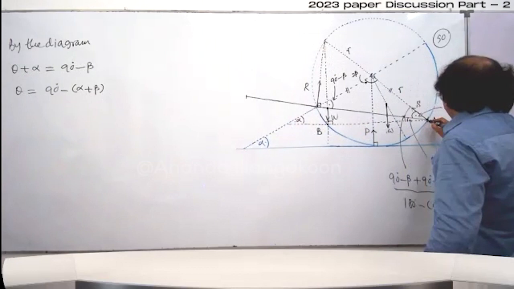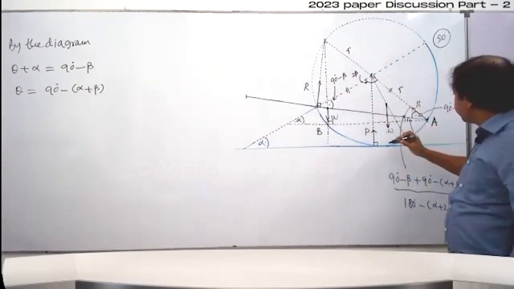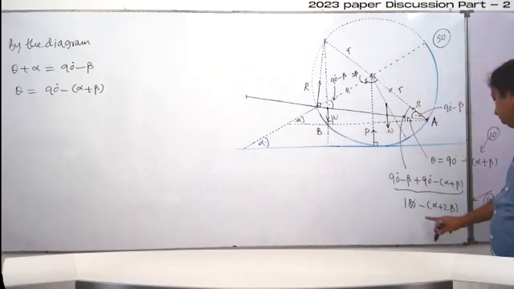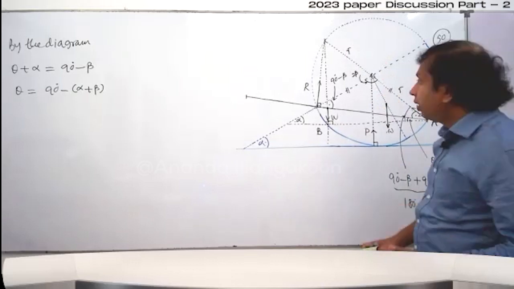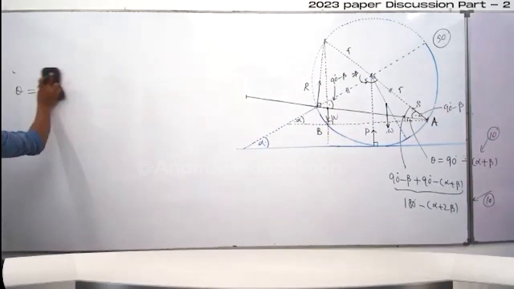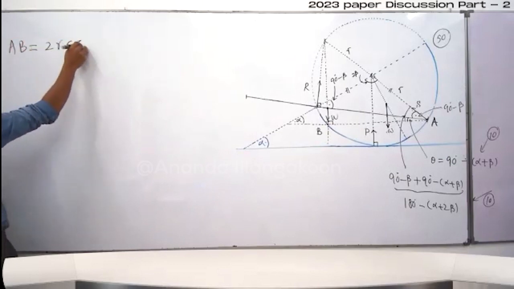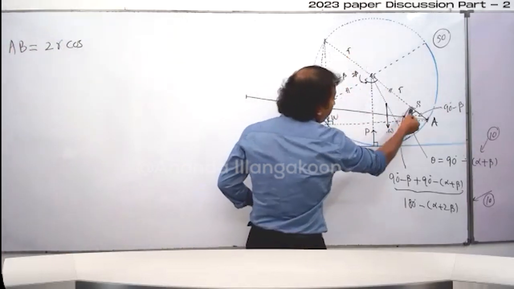From here to here, R, 2R. This whole angle just now we found. What is that? 180 minus L plus beta. Therefore, we can write AB length like this. AB length you can write, people, 2R cos, the length from here to here, 2R cos this angle.